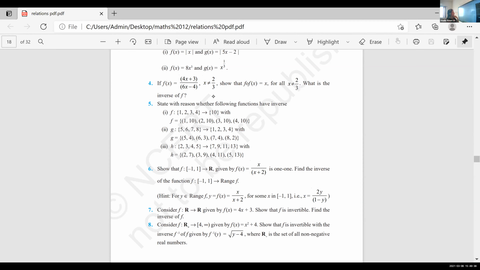Second one, whether inverse exists or not. When will you say inverse exists?